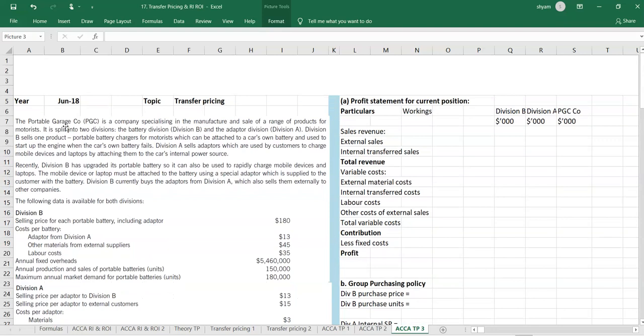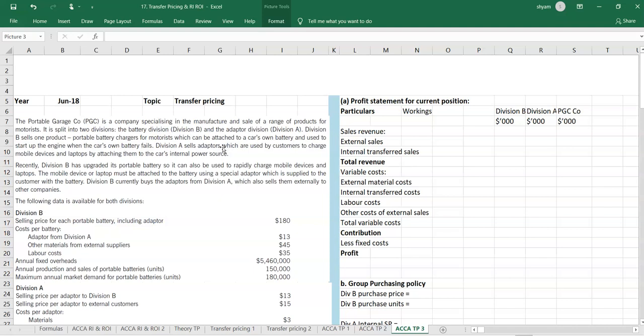The Portable Garage Co. is a company specializing in the manufacture and sale of a range of products for motorists. It is split into two divisions, the battery division and the adapter division. Division B sells one product, portable battery chargers for motorists, which can be attached to a car's own battery and used to start up the engine when the car's own battery fails.